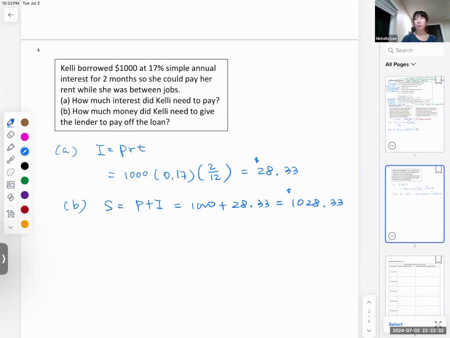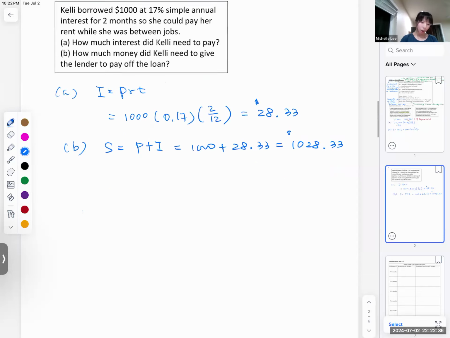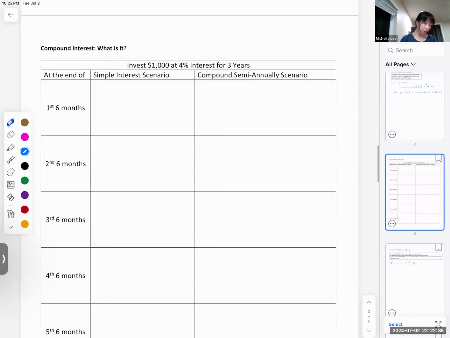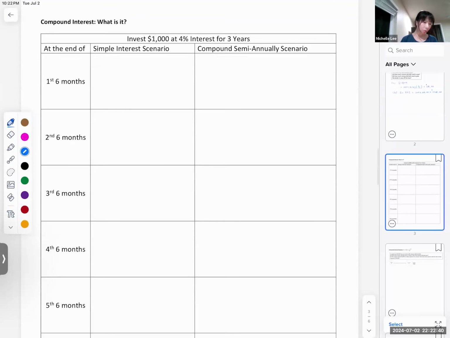Okay, let's move on. So we have a chart here. Compound interest, what is it? Now the first column talks about the simple interest scenario. The second column says the compound semi-annually scenario, right?